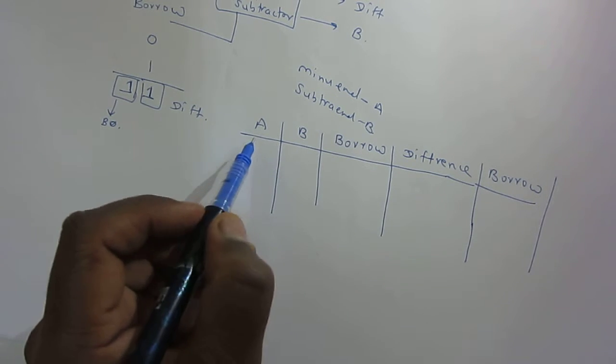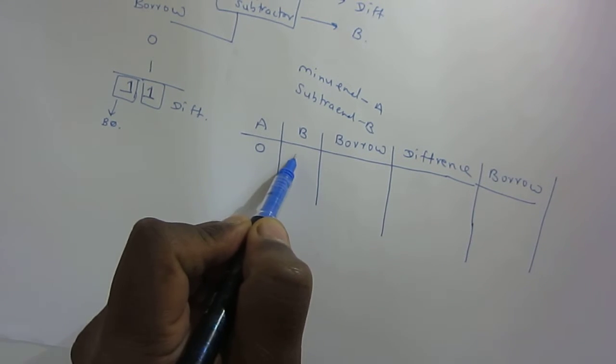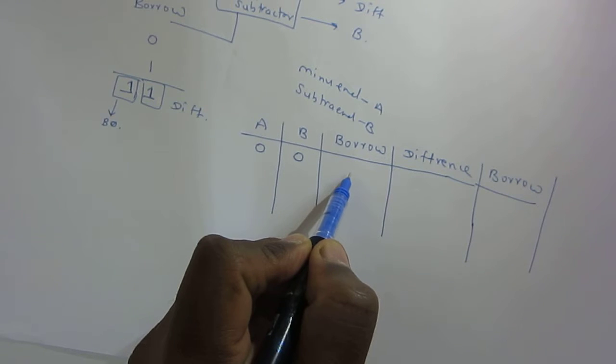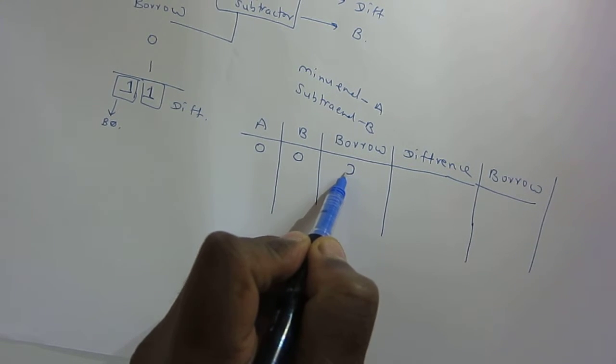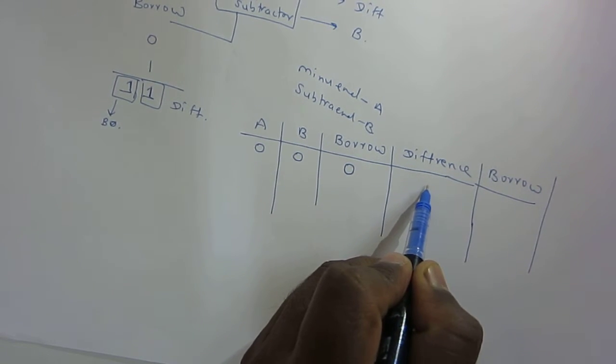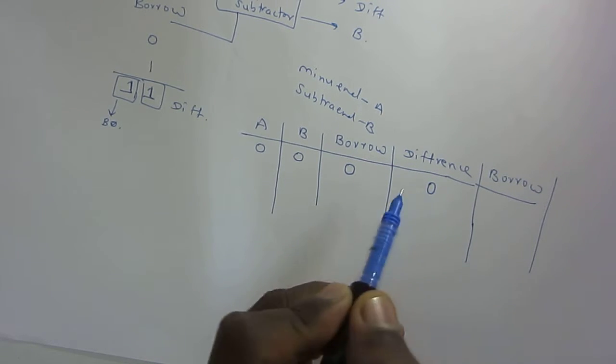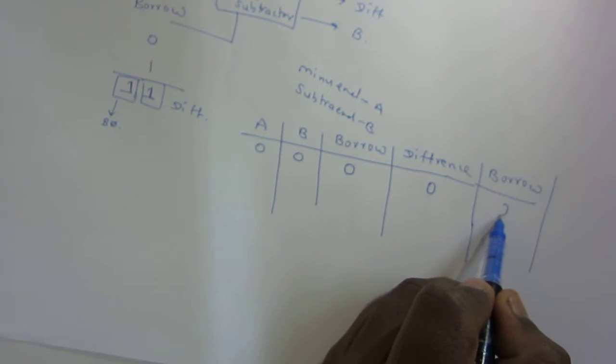Suppose A is 0, B is also 0, and the borrow input is also 0. The difference will be 0, and the borrow will also be 0.